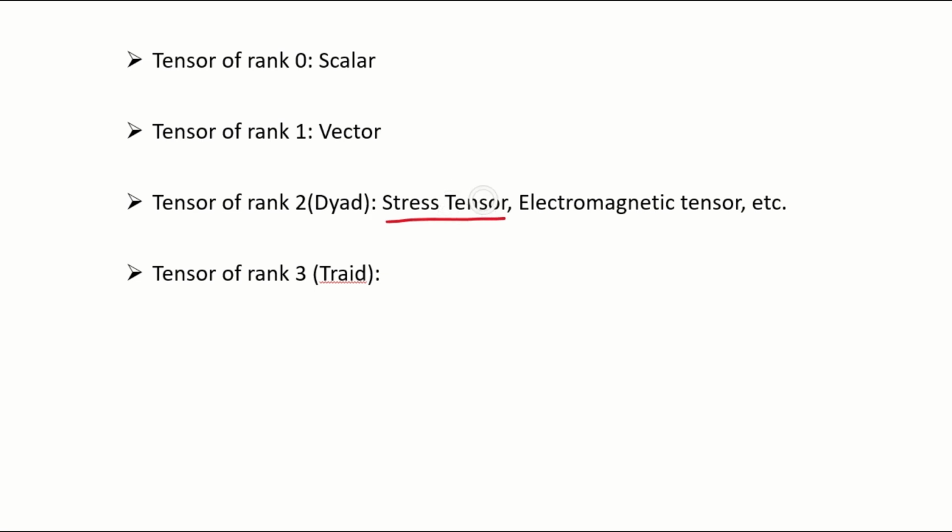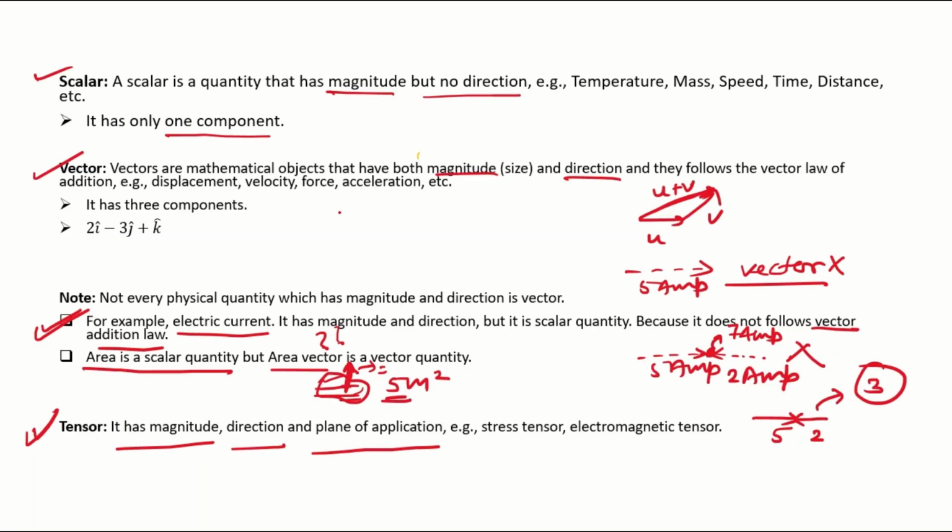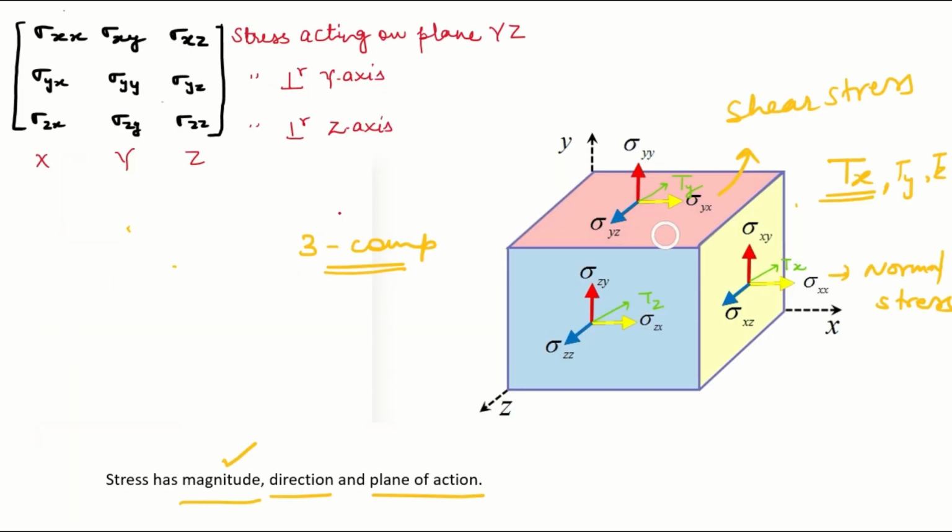So why is stress tensor a tensor of rank 2? Let's move back here. This is the stress tensor. Stress tensor has 9 components, right? And we have represented the stress tensor in the form of a matrix. So let us take this component. We have 9 components, and to find rank we need to find the basis vectors.